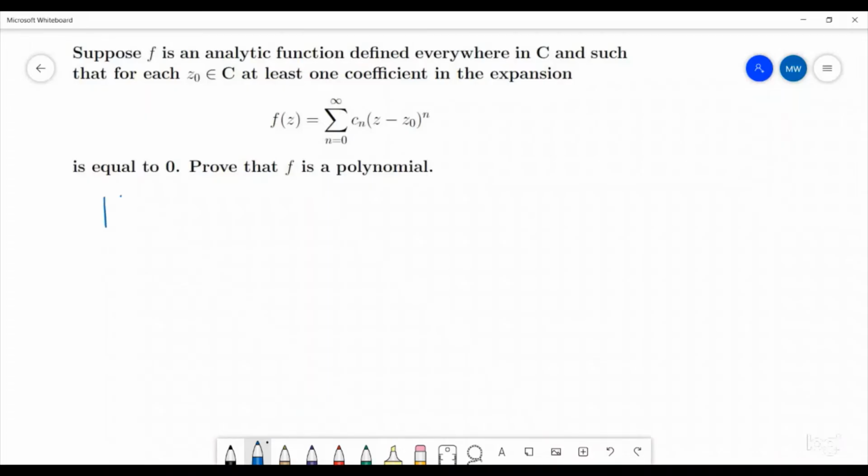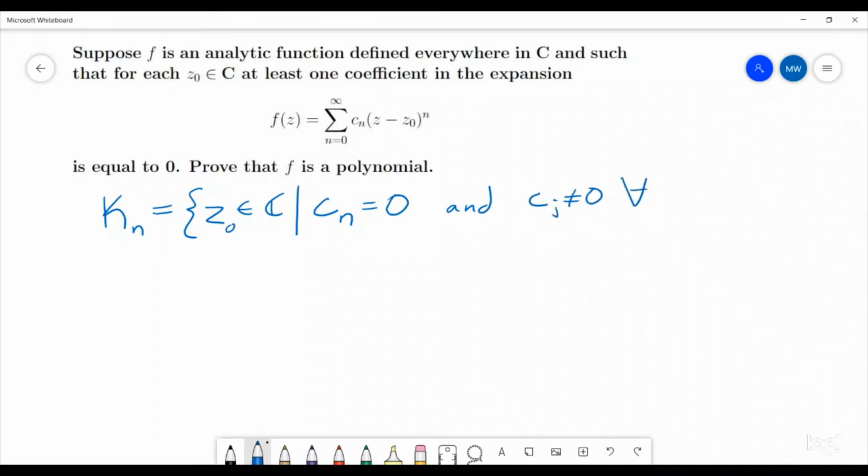So we are going to say that k sub n is equal to the set of z0's in C such that c sub n is equal to 0 and c sub j is not equal to 0 for all j less than n.